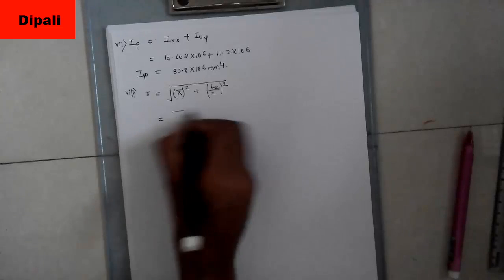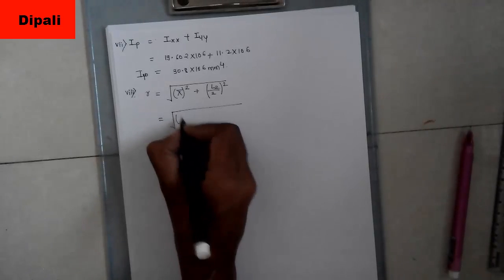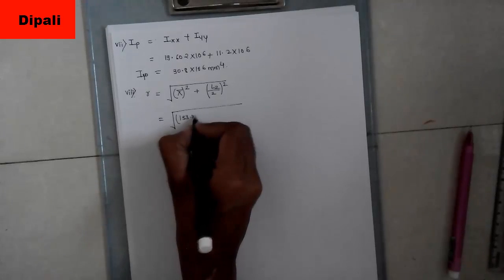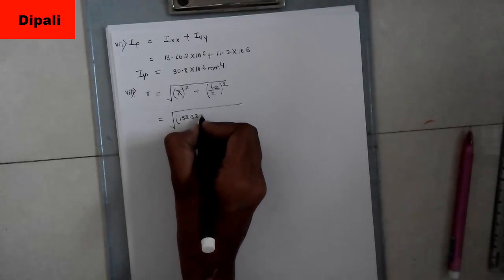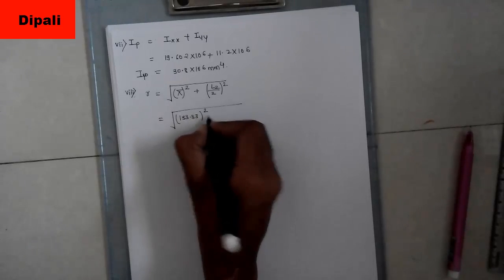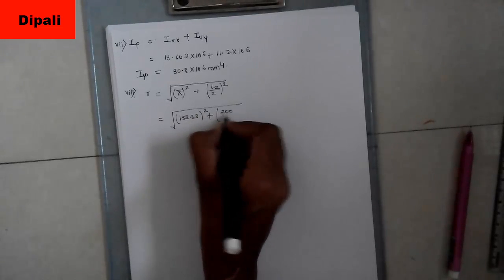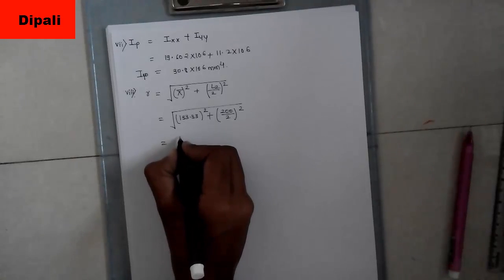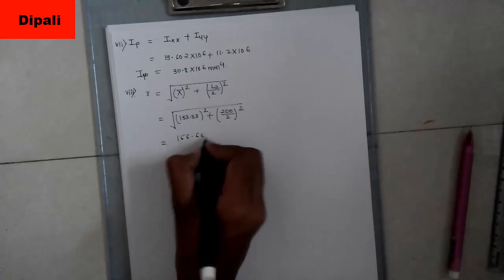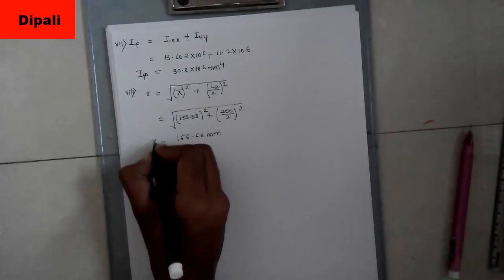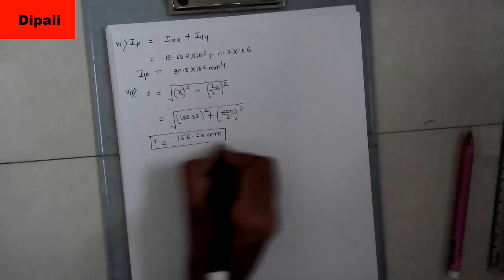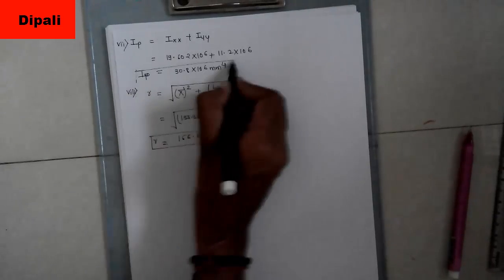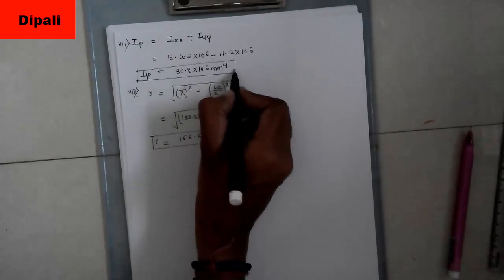Okay, after putting these values, x bar we have already calculated, that is 133.33 whole square plus L2, which is 200, by 2 whole square. The value is 166.66 mm. R equals to 166.66 mm and this is the value of IP.